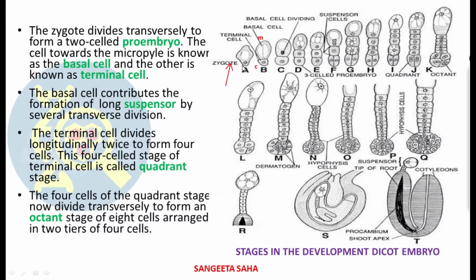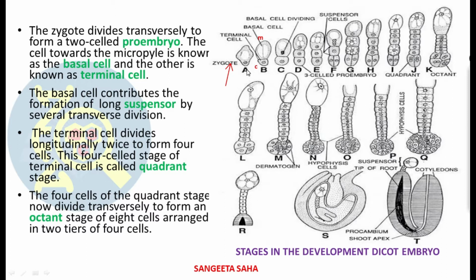Now this varies in different types of ovule. In an anatropous ovule, that is the upside down, here the upper part is the terminal, that is towards the chalazial end, and the lower part is the basal, which is the micropylar end.